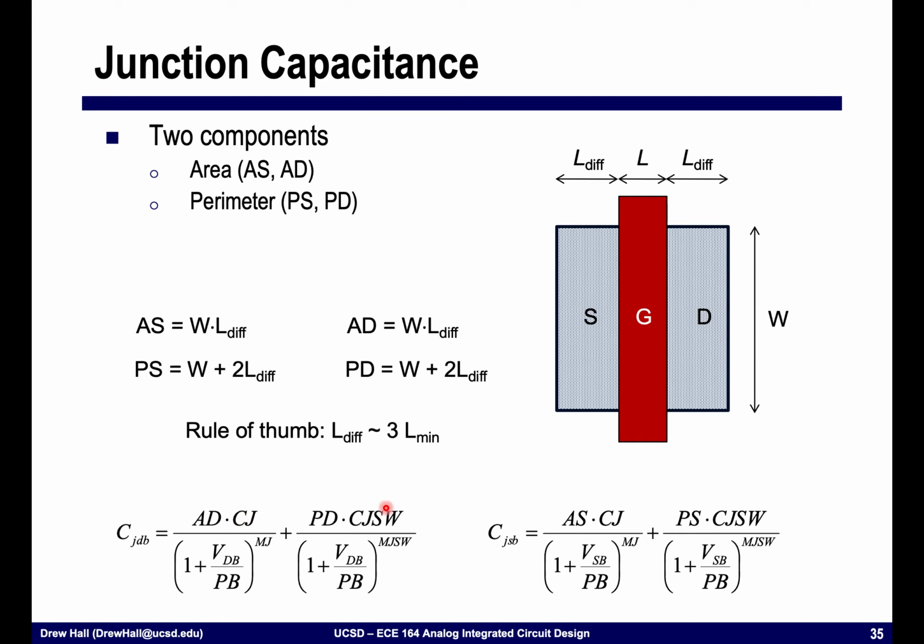This is the sidewall junction capacitance coefficient. MJ and MJSW are related to the doping profile for the bottom plate as well as the sidewall of the capacitance. And of course, these are strongly dependent on the voltage that we apply towards VDB as well as VSB.